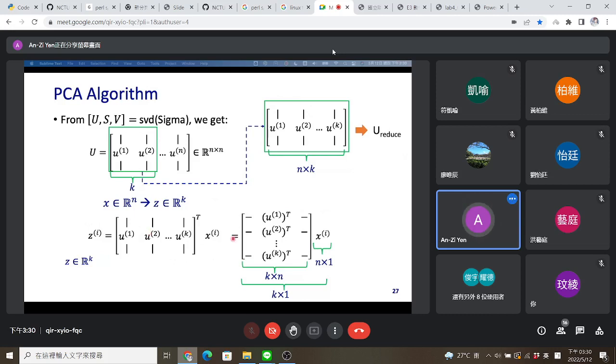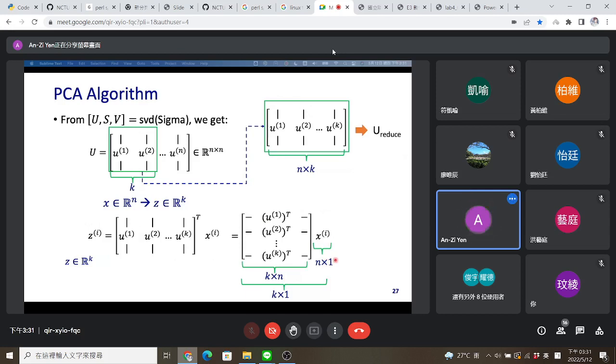The way we compute Z is that it is equal to this U reduced matrix transposed times X. For the dimensions, this matrix here is going to be K by N, and X here is N by 1. So the product will be a K by 1 matrix.